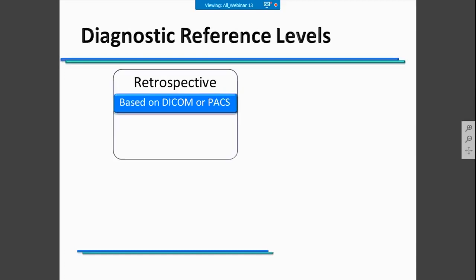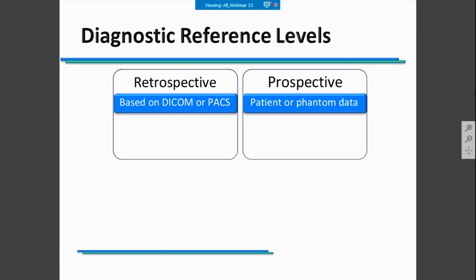Diagnostic reference levels can be calculated in a retrospective mode based on the DICOM header information or on a PACS system, or in the prospective mode based on the patient or phantom data. It's important to note that if you are calculating this in a retrospective mode, sometimes you don't have enough data about the patient size, and you could have different types of patients included in these calculations.